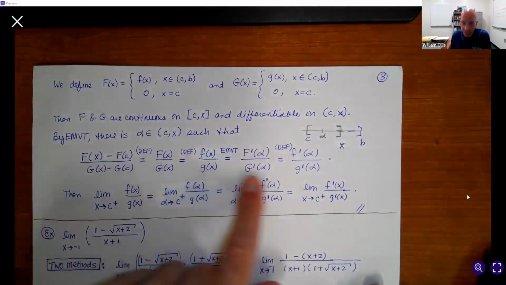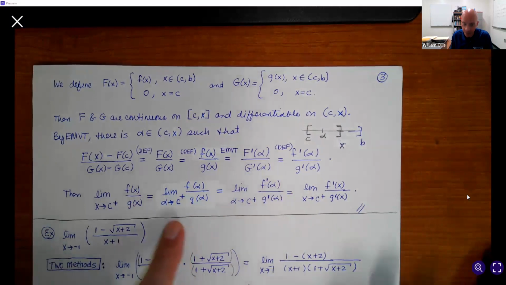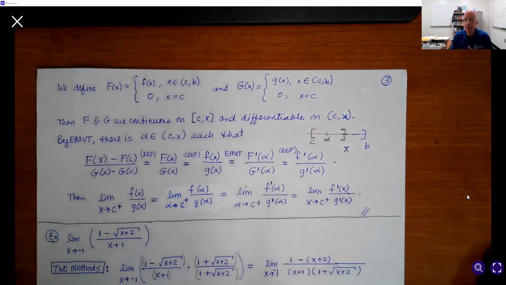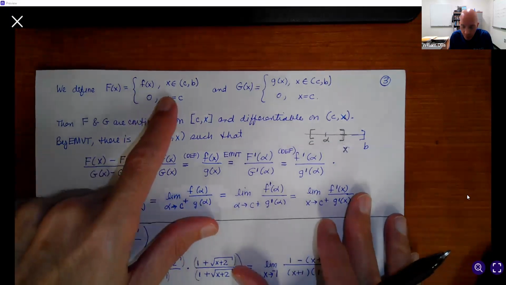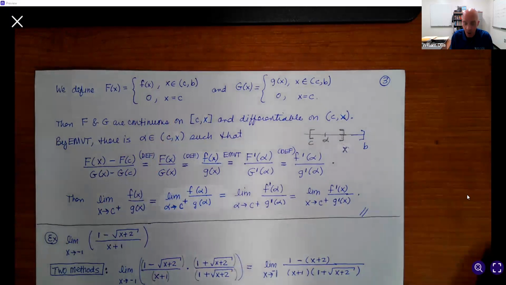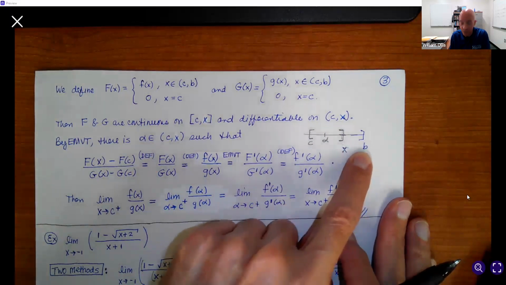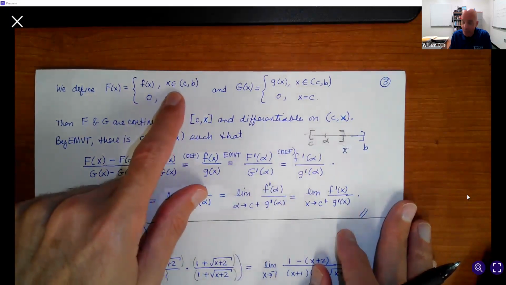And you see these applications, I finally got this in a form that I think will be easy to understand. And these are two functions defined in pieces that the author of our text recommended, and I think it's quite ingenious. So if we're approaching C from the right, we can just take some interval C to B, where B is to the right of C, and then make these definitions.